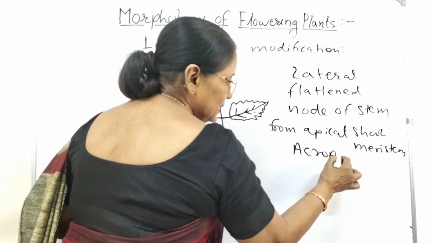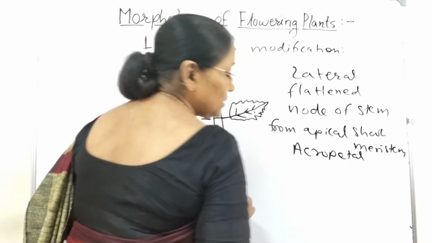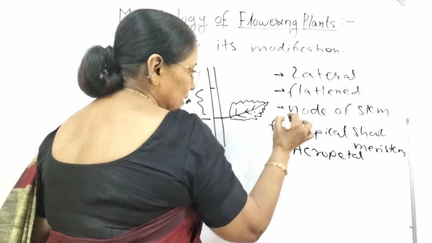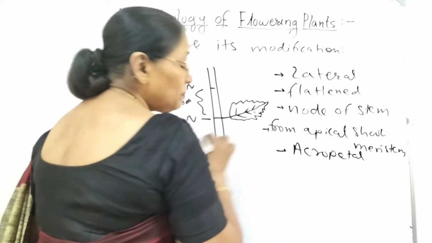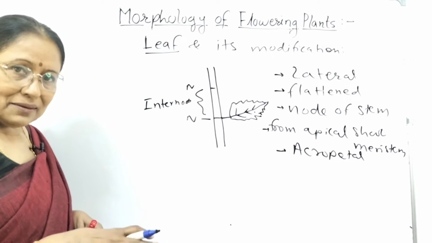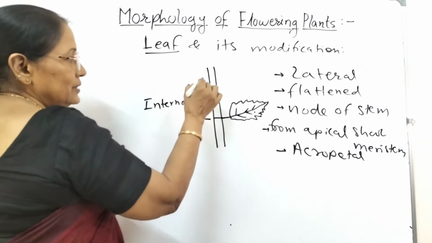What is acropetal succession? Acropetal succession means the older leaves are at the bottom and the younger ones towards the top.